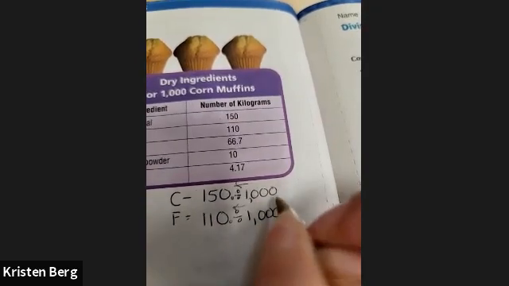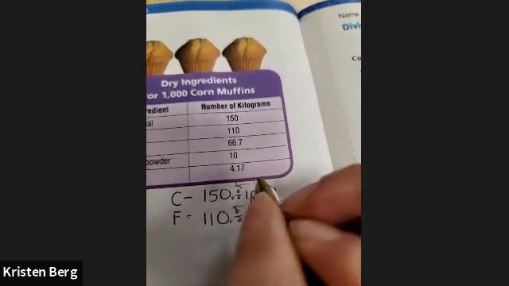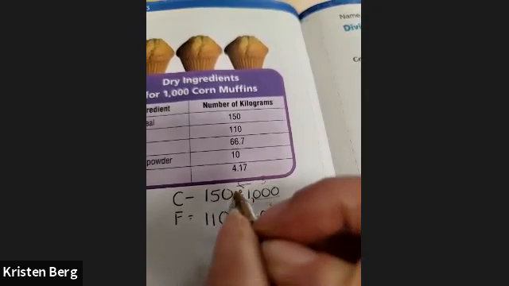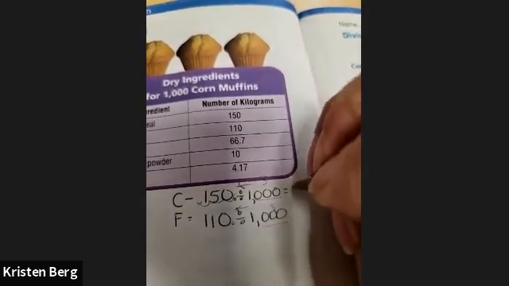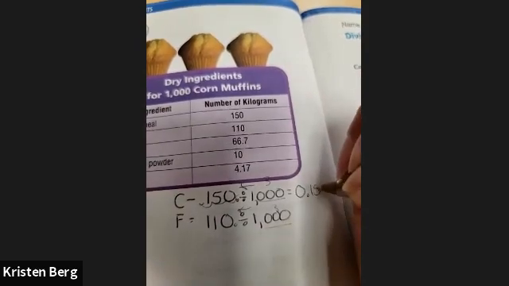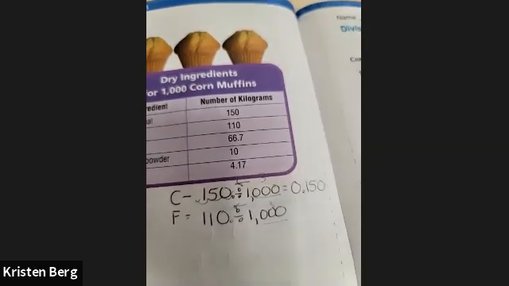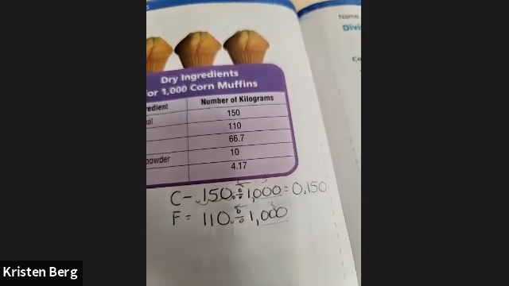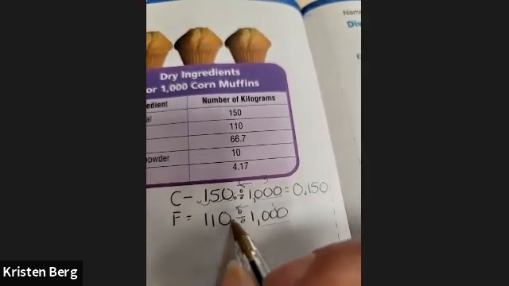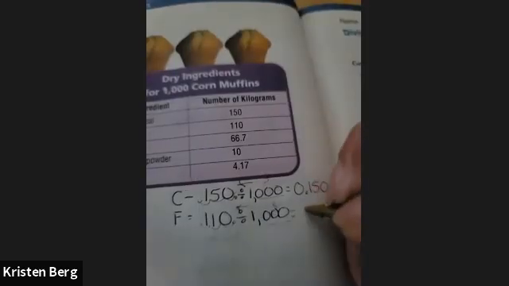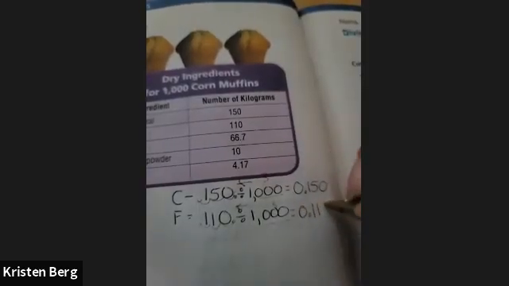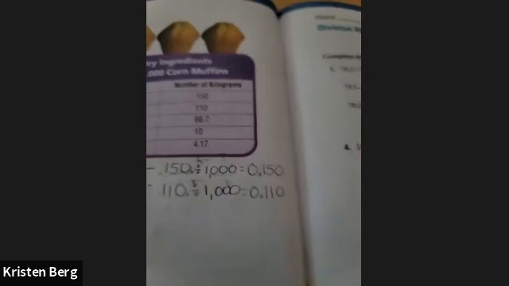So you're moving that decimal. And how many places? Each one of these will be 3 places. So 1, 2, and 3 would equal 0.150. So you could have also said 150 thousandths. Here you'd move this one in 3. So then it would be 110 thousandths.